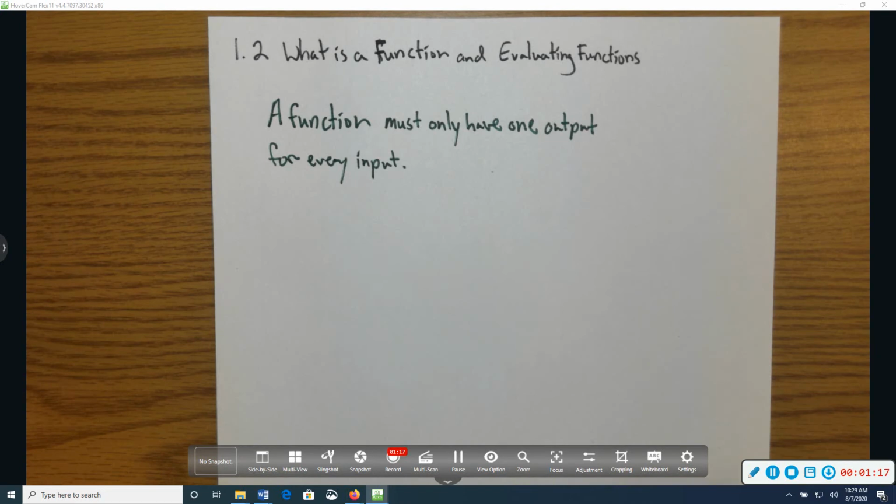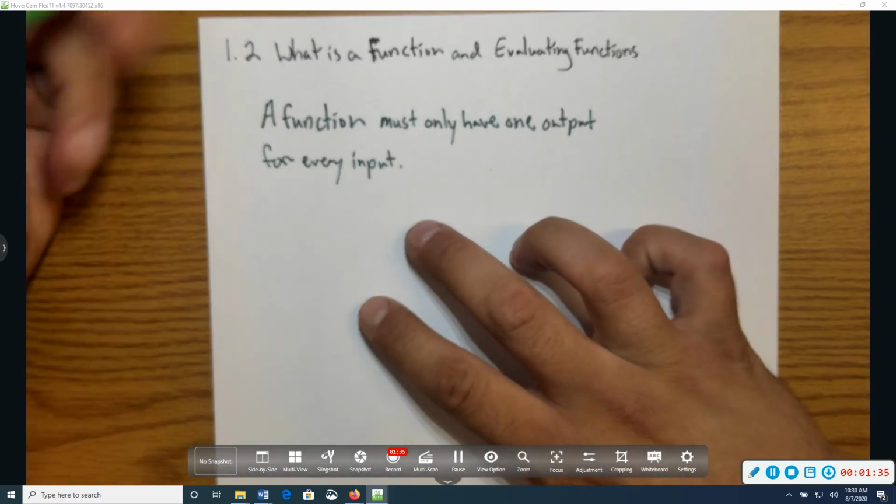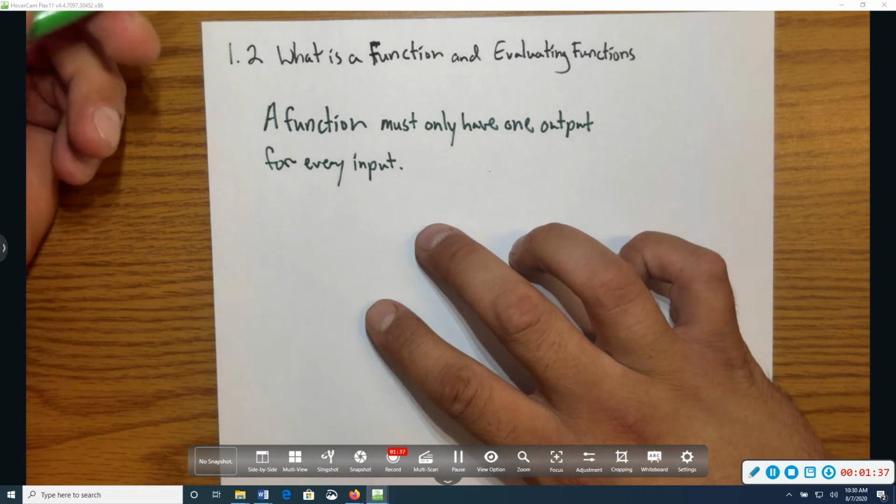I must get one specific answer. So if I plug in 4, I can get 8, or I could plug in 4 and get a 2 in a different function, but I can't get more than one answer. So a function must only have one output for every input, which means it must pass the vertical line test.